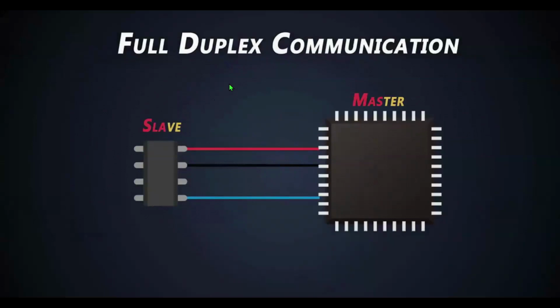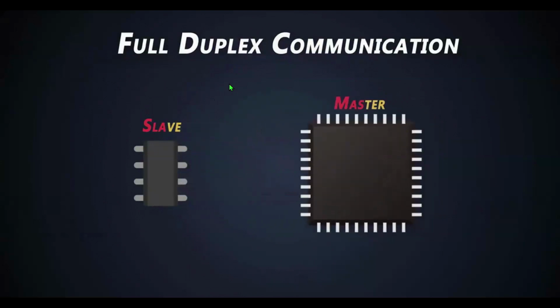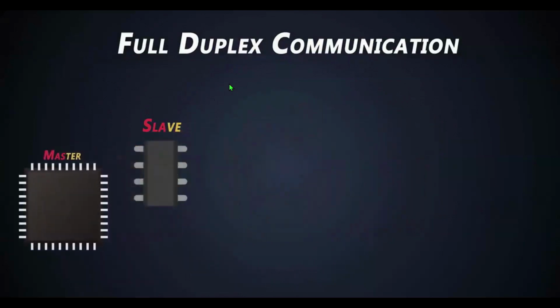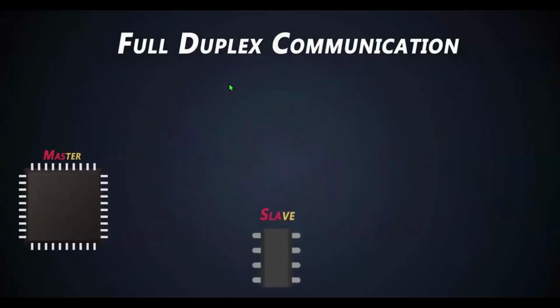In this mode, two devices who are talking to each other can transmit and receive data at the same time. So SPI communications doesn't rely on just one data line. When two devices are communicating using the SPI protocol, one of them is master and the second is the slave.